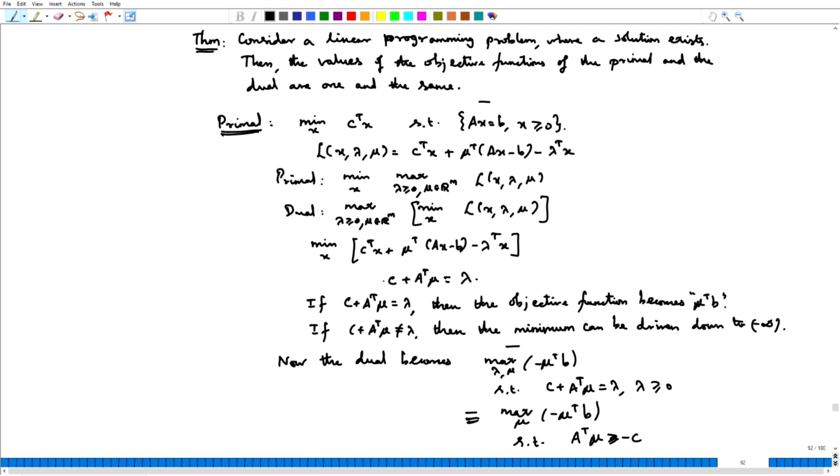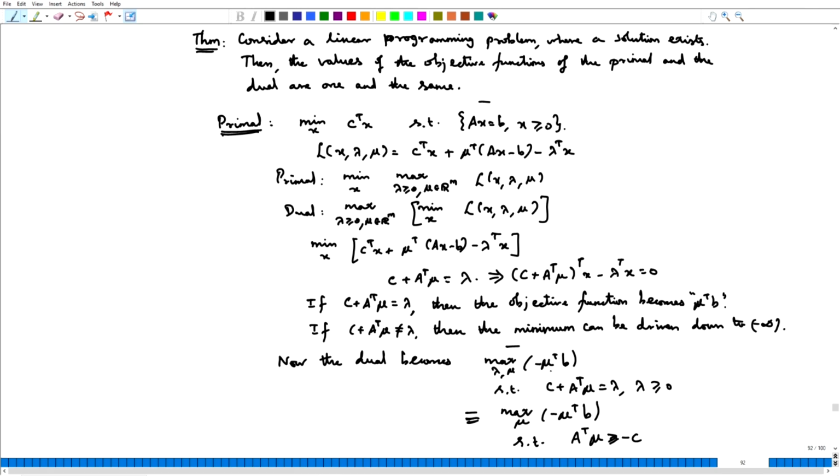So (c plus A transpose mu) transpose x minus lambda transpose x is equal to 0. You have c transpose x plus mu transpose Ax minus lambda transpose x, that is 0. The remaining part is just minus mu transpose b. I made a mistake, I did not include the minus.